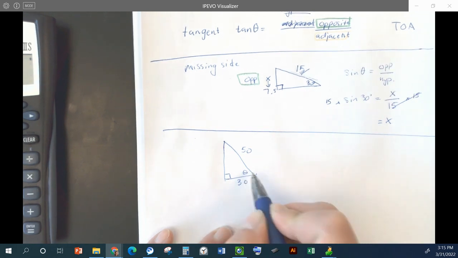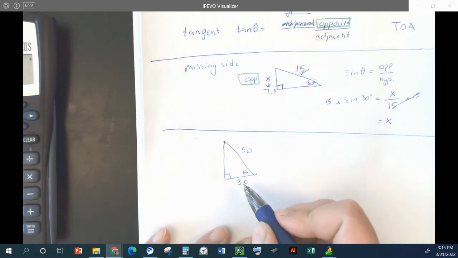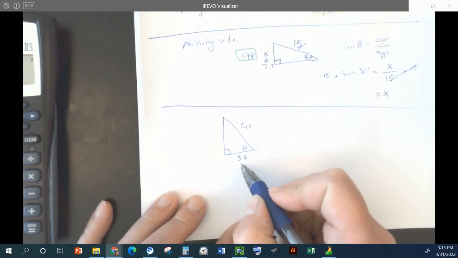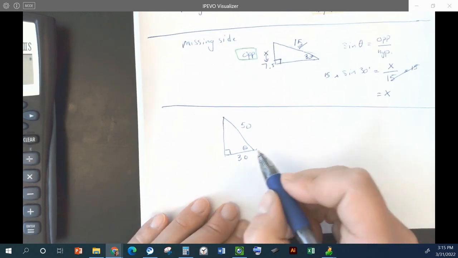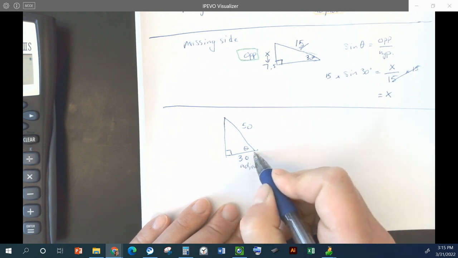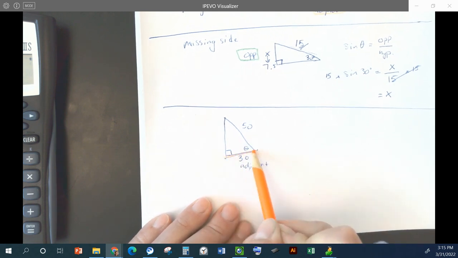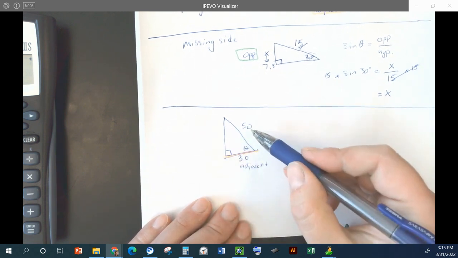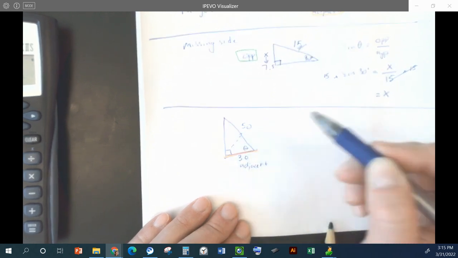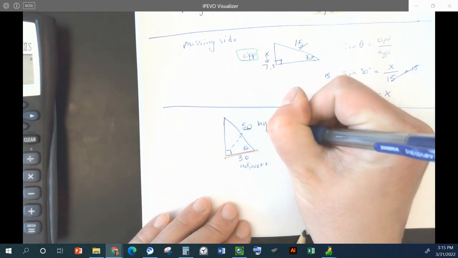So what side would this be? Would this be opposite, adjacent, or hypotenuse? This one with 30. Good, this would be adjacent. It's making the bottom of the angle. And then what is 50? It's kind of also adjacent, but it's across from the 90. Good, that's going to be our hypotenuse.